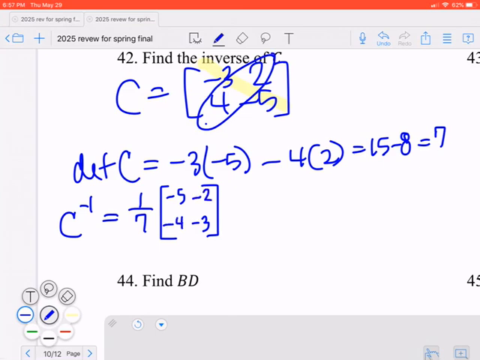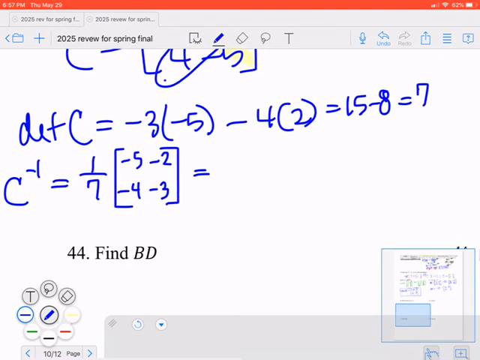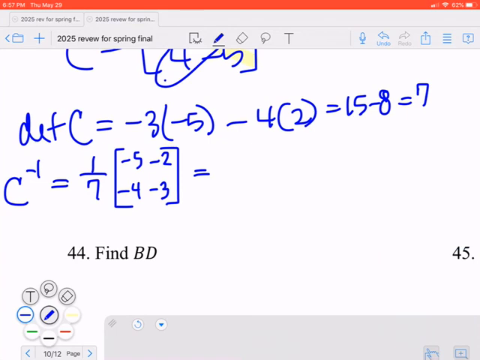Negative 2, negative 4. And I do the multiplication. It's called scalar multiplication. Negative 5/7, negative 2/7, negative 4/7, and negative 3/7 for the inverse.